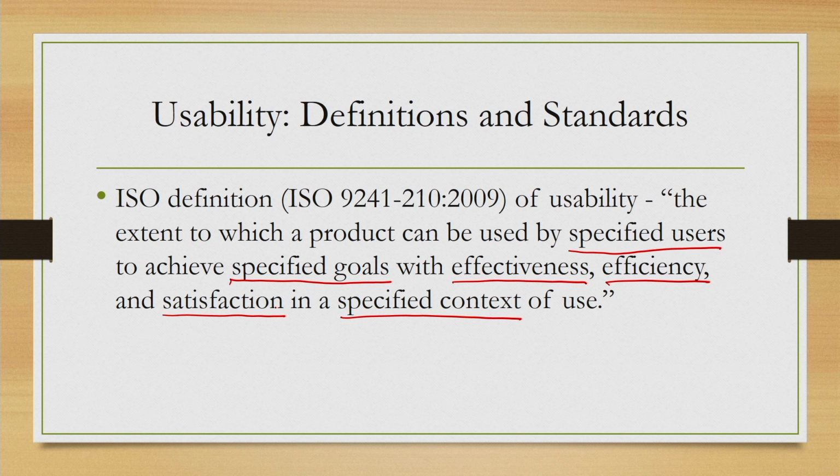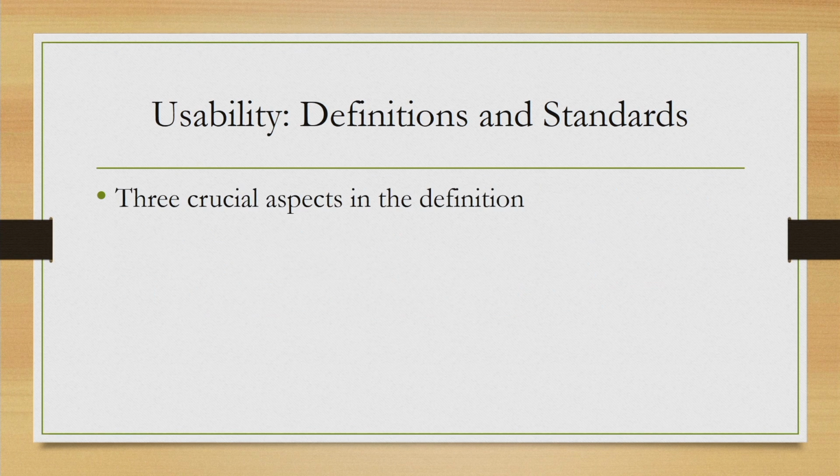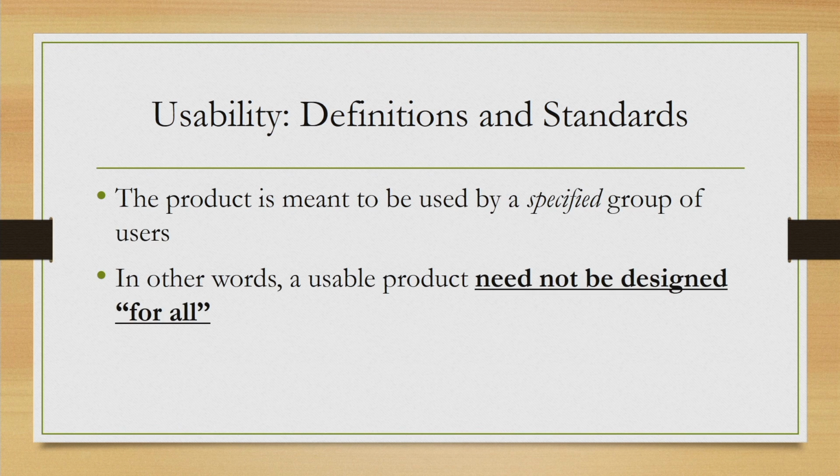So, what do these indicate? Let us see one by one. So, the definition has three crucial aspects. First of all, the product is meant to be used by a specified group of users.